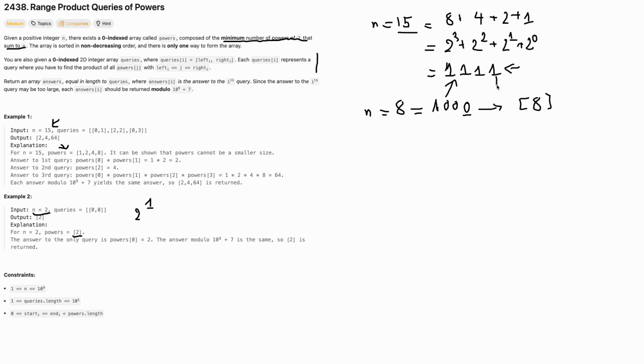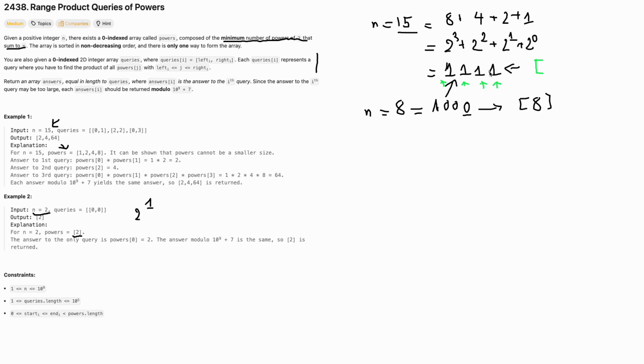When I encounter a 0 bit, I skip it. Here this is index 0, 1, 2 and 3. When I encounter any bit equal to 1, I add that element into the array.